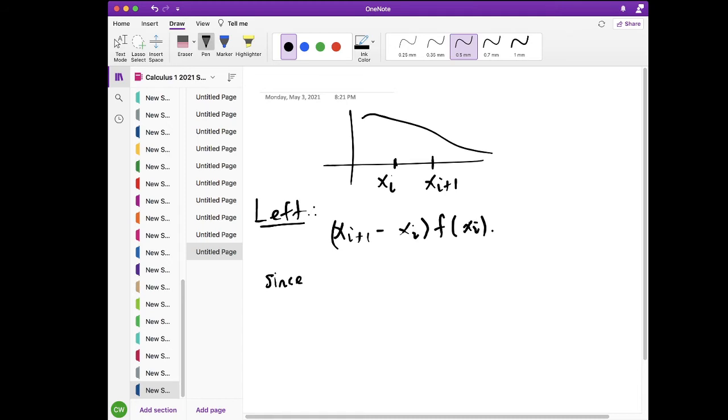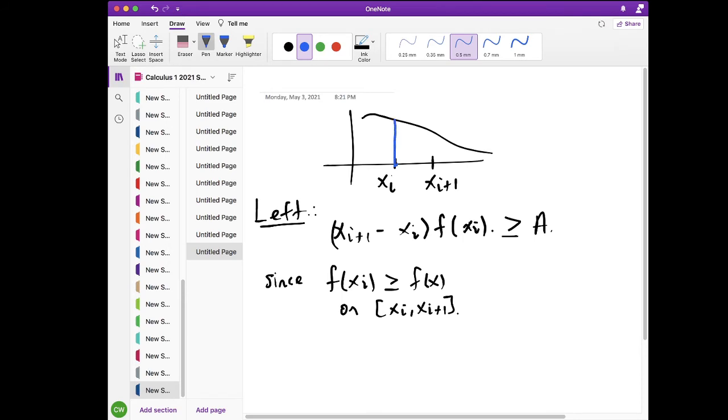First of all, f of xi is bigger than f of x. Do you agree? So that means this must be bigger than the area. If it's decreasing, then the left becomes bigger.